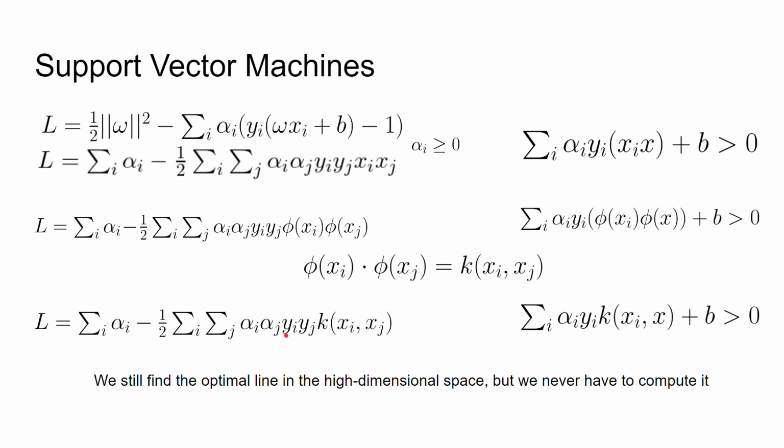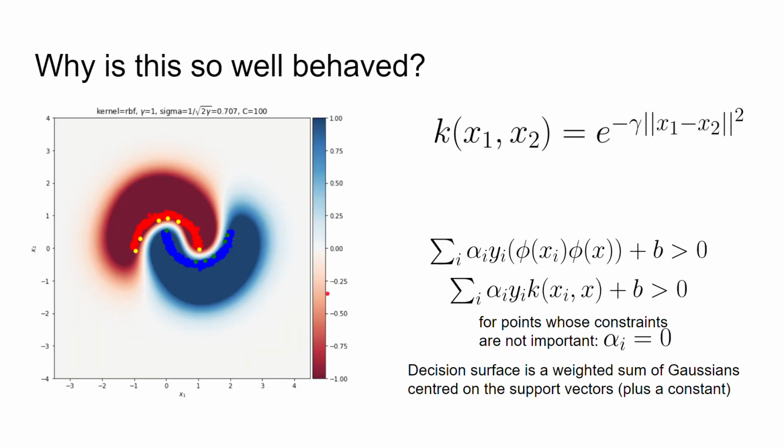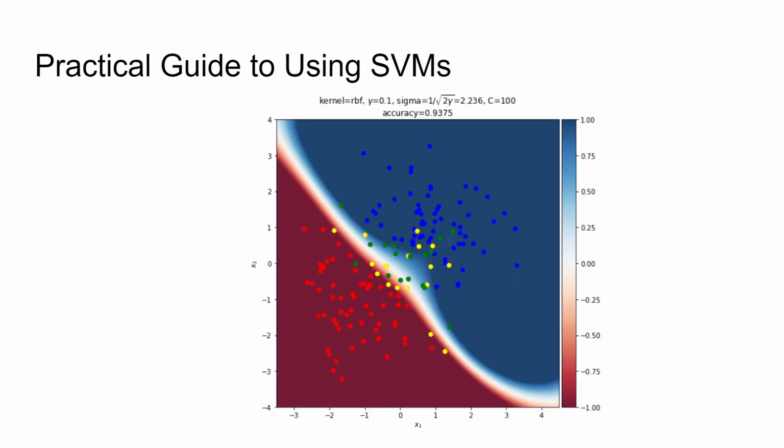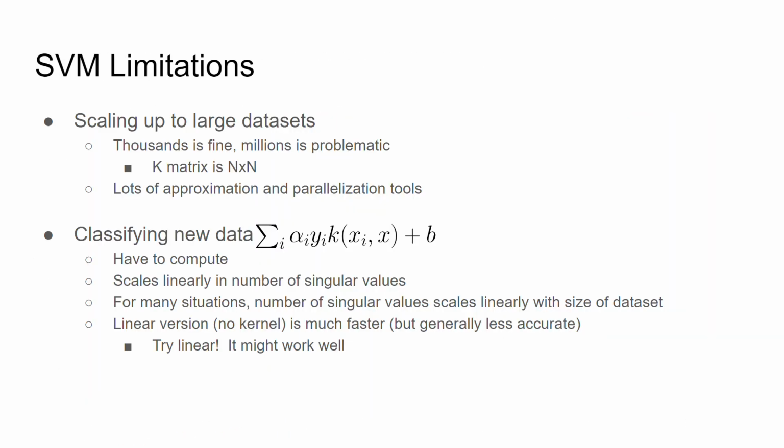Which is probably way cheaper than computing the features and then computing the dot product on every single combination of our data, especially if there's an infinite number of features. So fine, it's an improvement over that, but it's still expensive, especially if you've got a lot of data points. So it's n by n, where n is the number of data points.